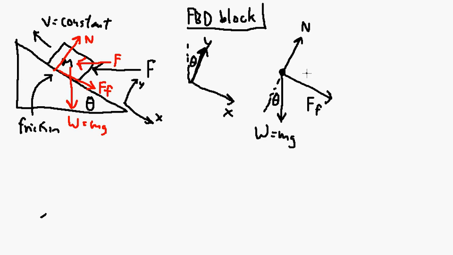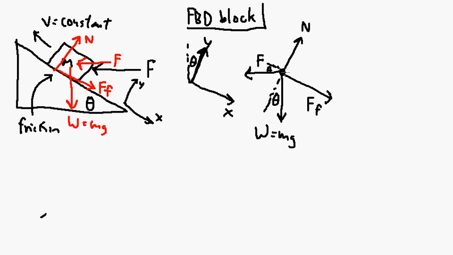Oh wait, hold on, my bad. It's got to be a pull. And this force is acting horizontally to the left. So that force is going to make an angle theta there. That's a little small, but you get the idea. I should have put the F somewhere else. And there are the forces, okay?